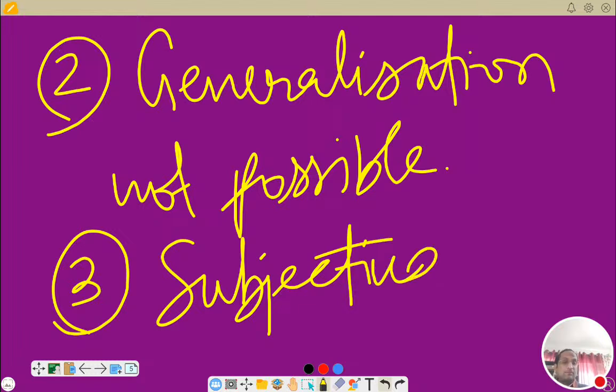What is our goal? Our goal is to conduct objective studies so that we reach a relatively permanent objective cause and effect relationship between IV and DV. These are the major demerits of the case study method.